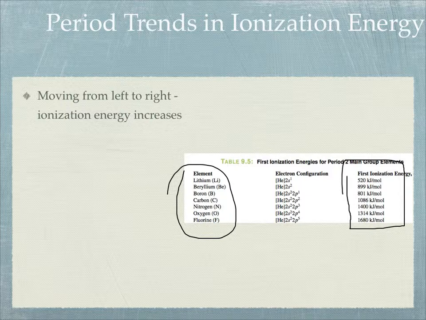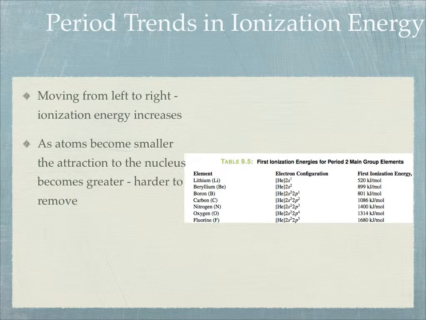In general, it's not perfect, of course, but in general it's getting bigger as we're going down this list, and going down that list is actually going across from left to right on the periodic table. So ionization energy increases as you go from left to right. So the upper right hand corner is higher for ionization energy than the lower left.